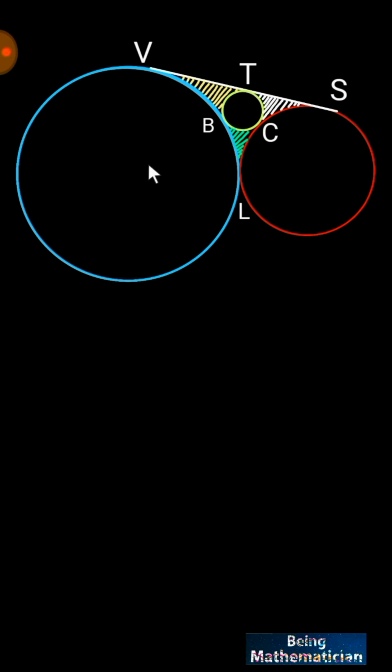At first, we have to join the centers of the circles. So this is O, this is P, and this is Q. Now let's join BO and SP.